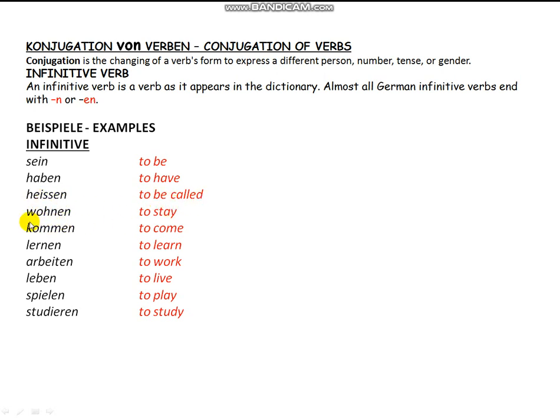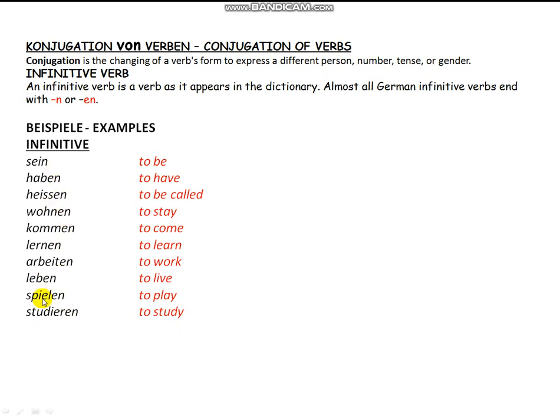Wohnen, to stay. Kommen, to come. Lernen, to learn. Arbeiten, to work. Leben, to live. Spielen, to play. And then we have studieren, which means to study.